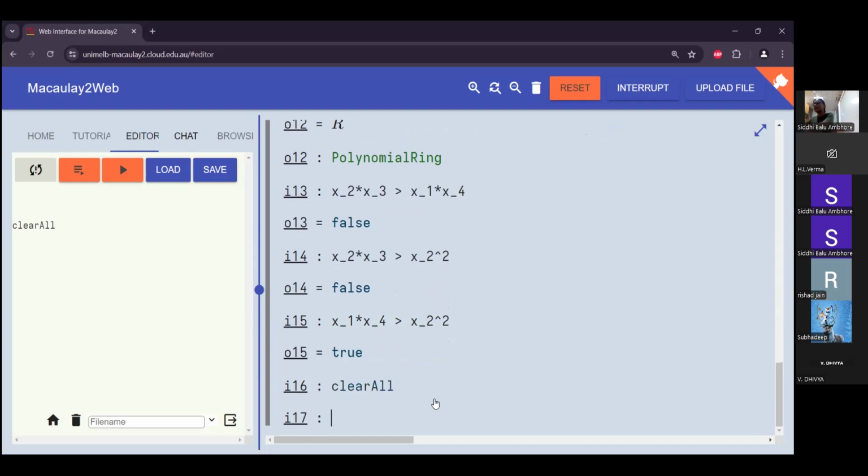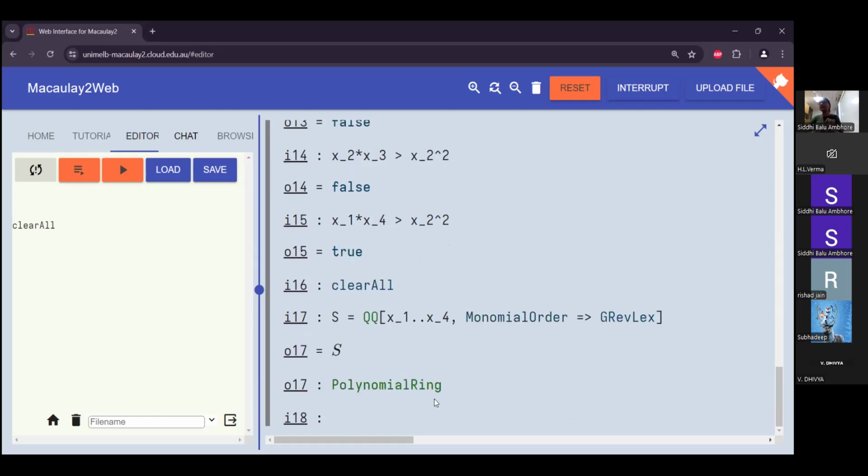So let me again define this, and give it a name S, with again 4 variables. And now the monomial order is this GRevLex. This is graded reverse lexicographic order, and this is how it is defined. That's it.